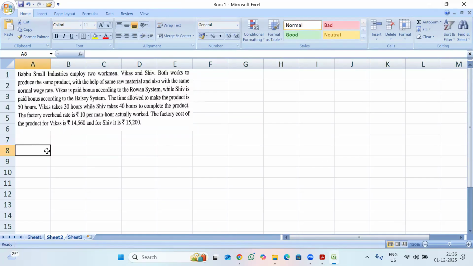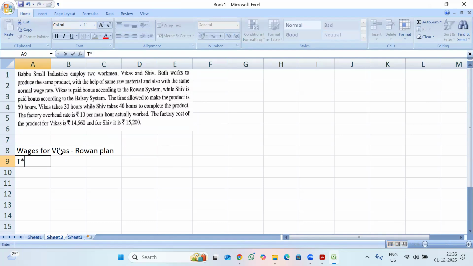So first we will calculate labor. We need to calculate wages for Vikas, which is based on the Rowan plan. What is the formula for the Rowan plan?